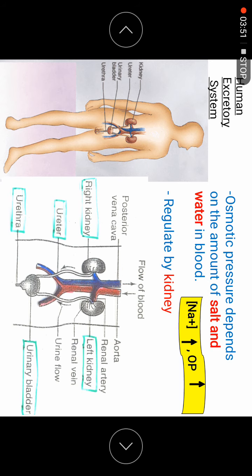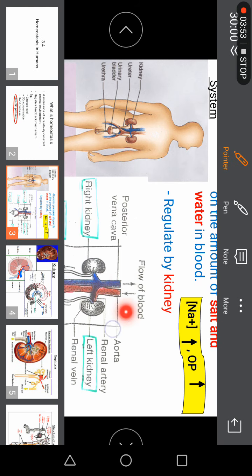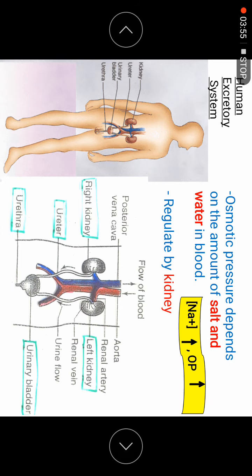This follows what you learned in Chapter 5, transport. Renal artery means from the aorta it goes into the kidney; the word renal means kidney, so we use renal artery for the blood vessel that enters the kidney.